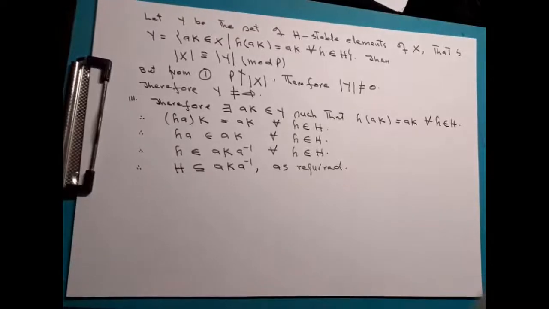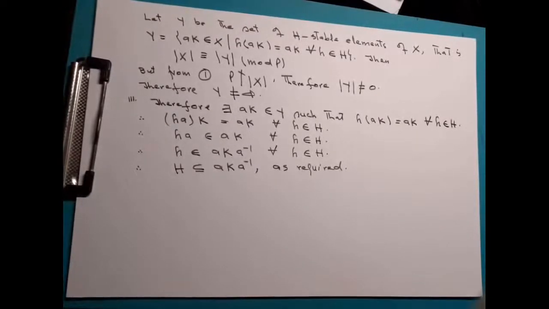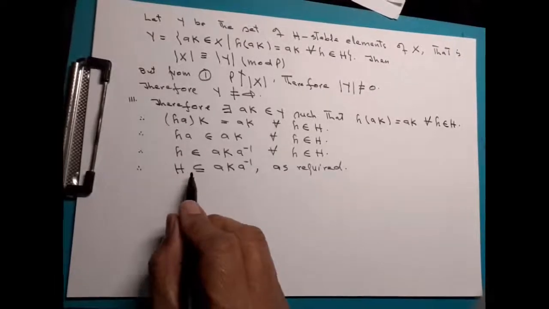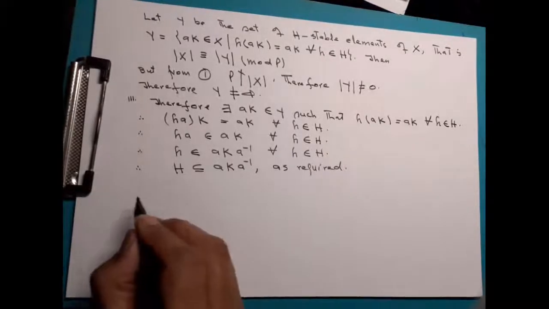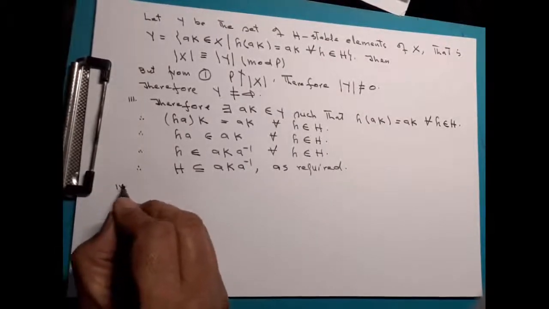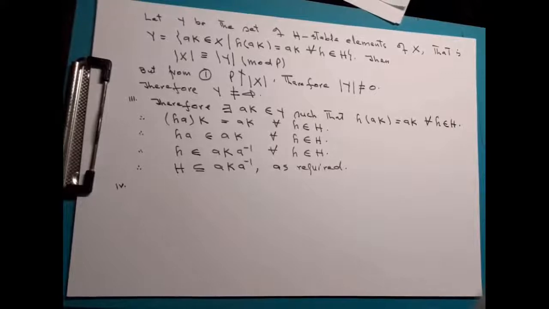So we have proved that if K is a p-Sylow subgroup of G and H is a subgroup of G of order a power of p, then H is a subset of aKa inverse. Next we have to prove that any two p-Sylow subgroups of G are conjugate.